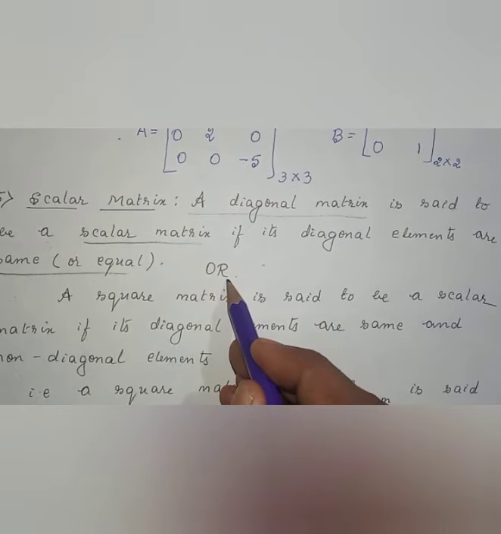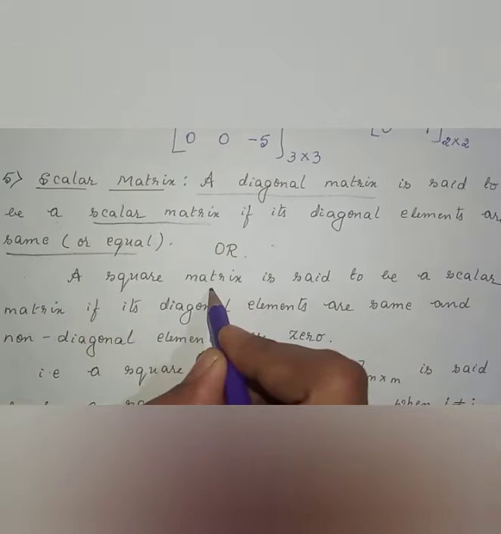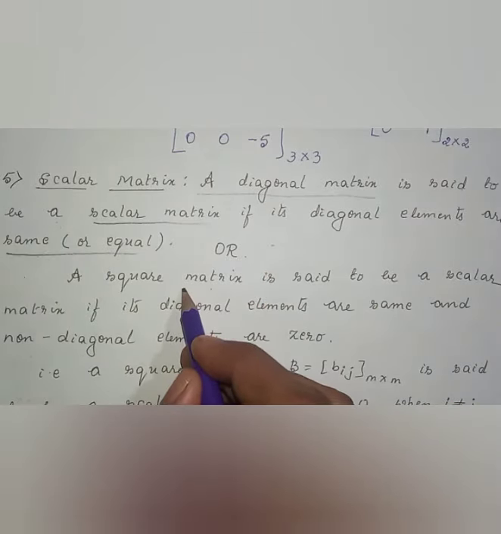Or one more definition is there. If you start with the square matrix, instead of the diagonal matrix, we have to tell about the diagonal elements as well as non-diagonal elements.